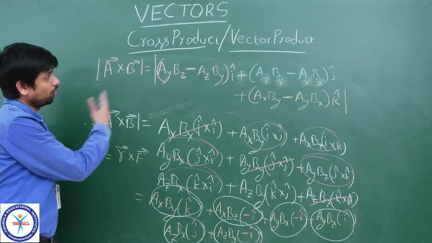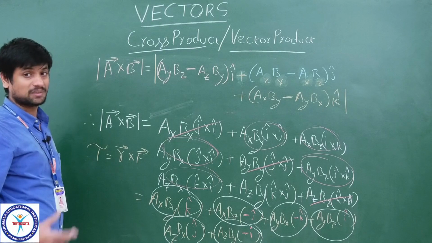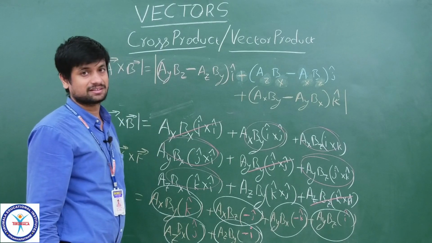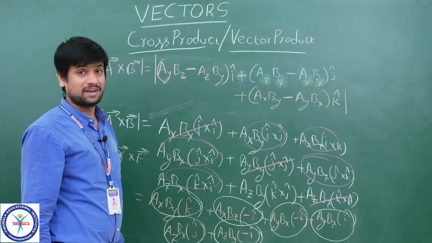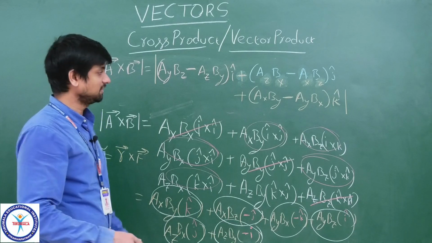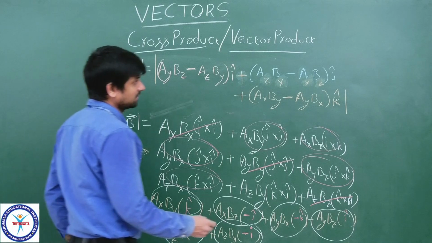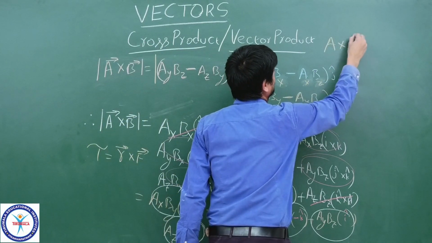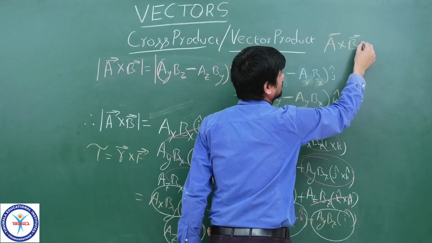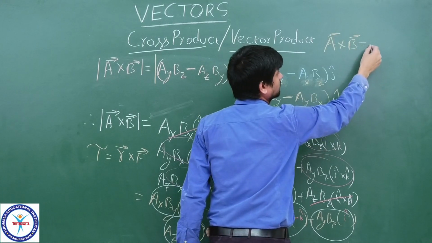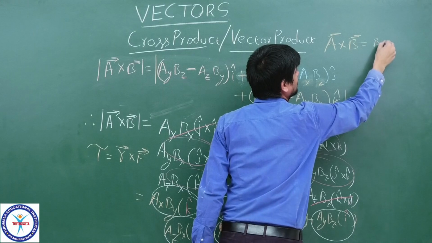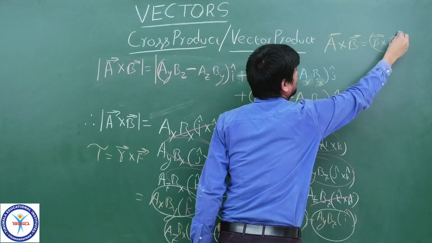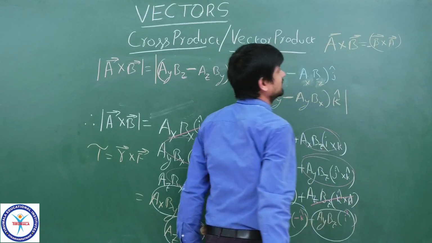So, in this way we can know the cross product, and keep it in mind children, cross product obeys the anti-commutative law. That means, as I said before, A cross B, if it is upwards, its opposite is vector B cross A, but keep in mind, this is minus.